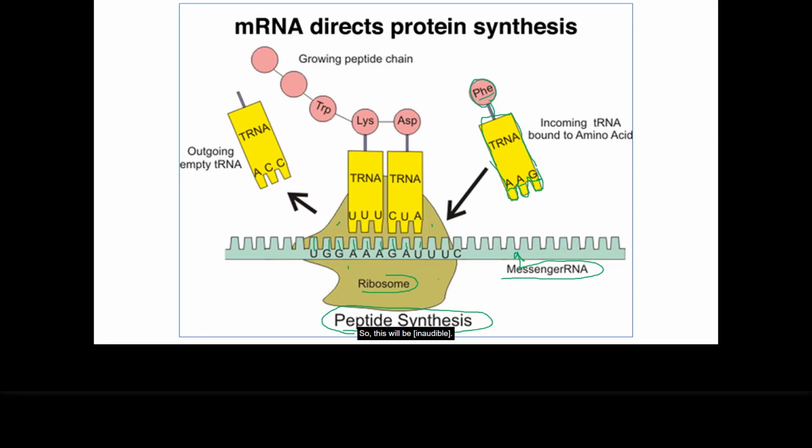Ribosomes will help to read this information, and complementary attachment of the nucleotides will happen in order to bring different amino acids and attach them to each other. And this is our growing peptide chain, which later on will fold into different 3D shapes, and this is what will be protein later on.